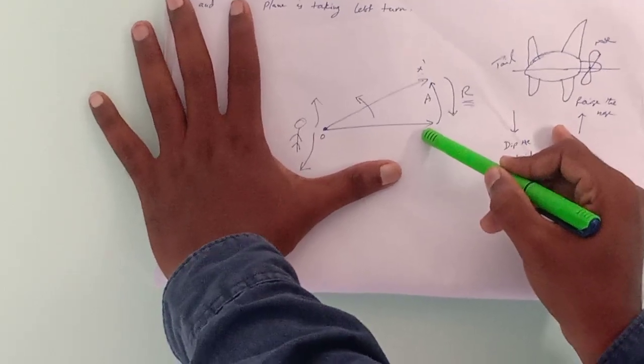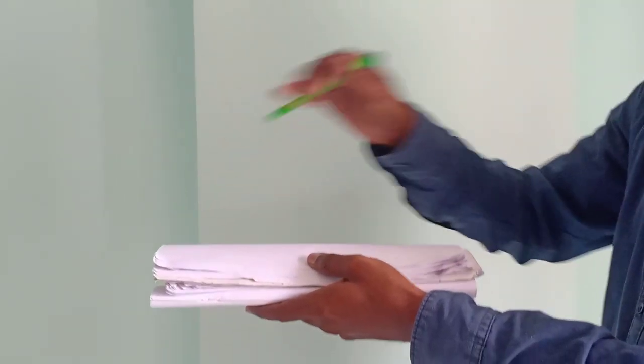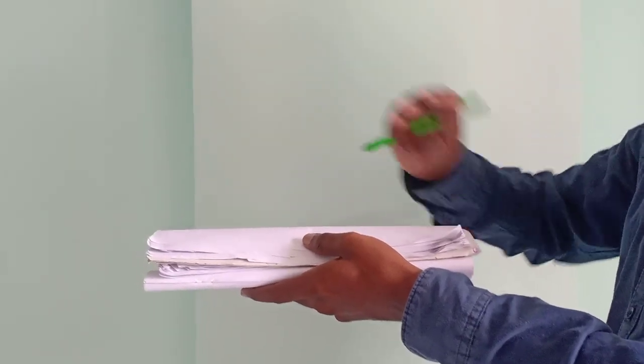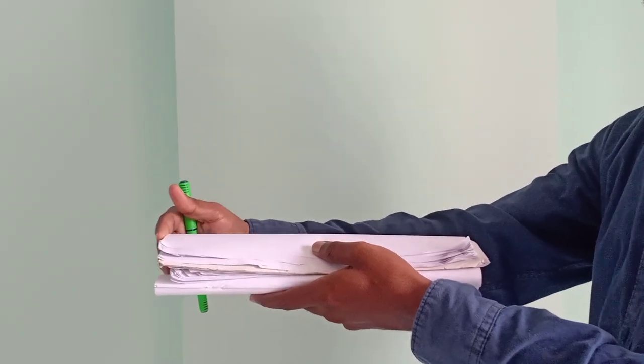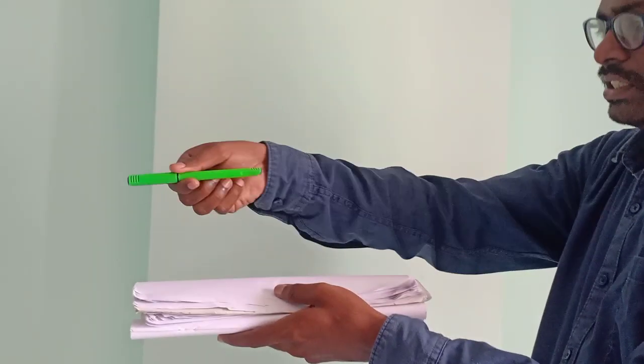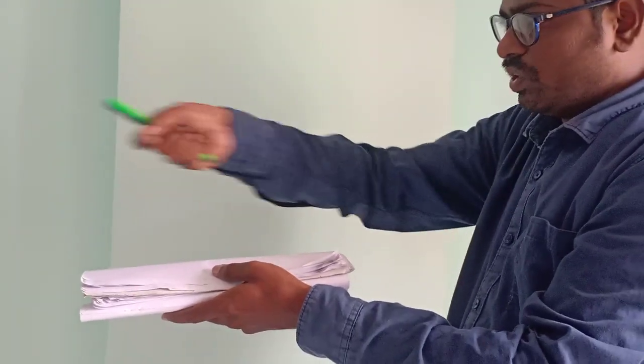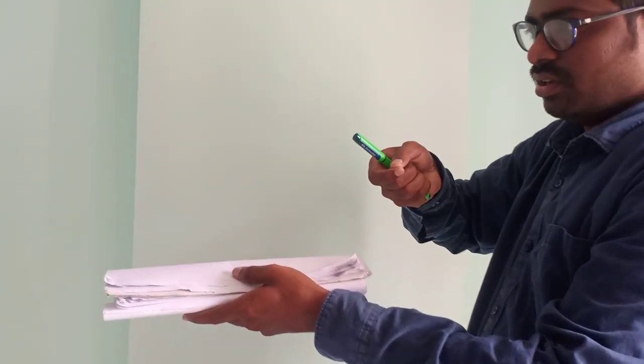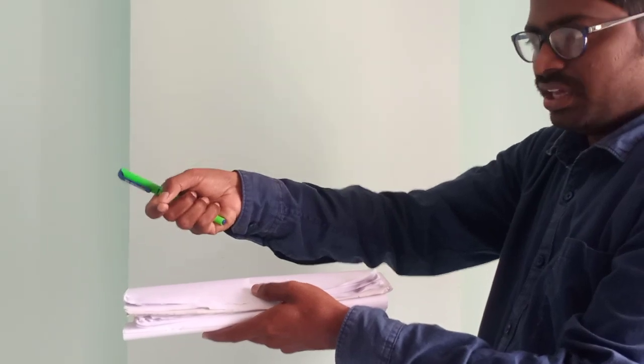Later, as I told you in the beginning, the aeroplane is like this, and this is the front part and this is the rear part. Now I have drawn the first momentum vector in this direction, OX. O is the starting point here.